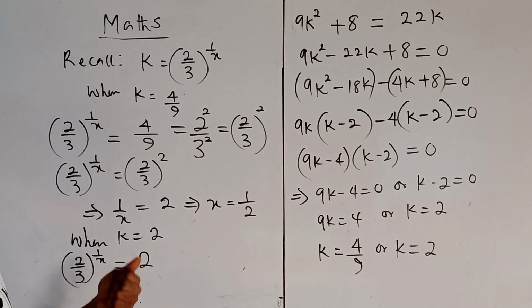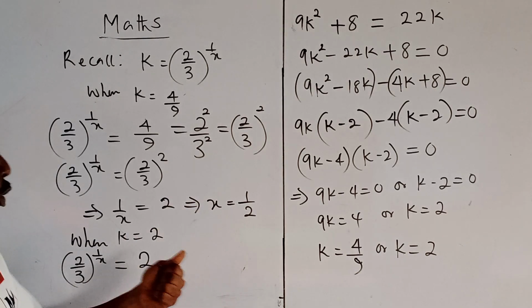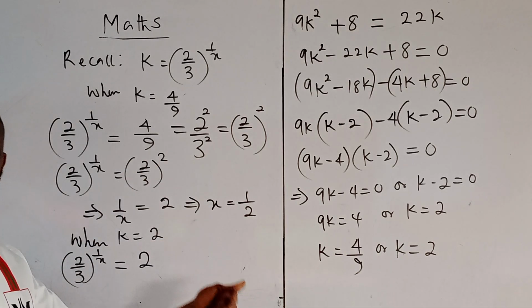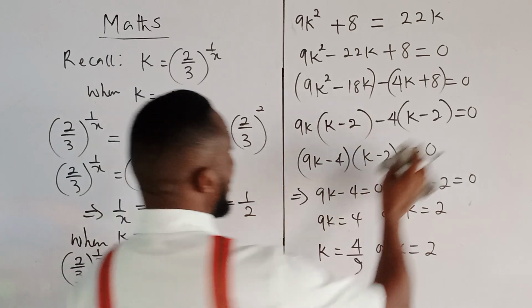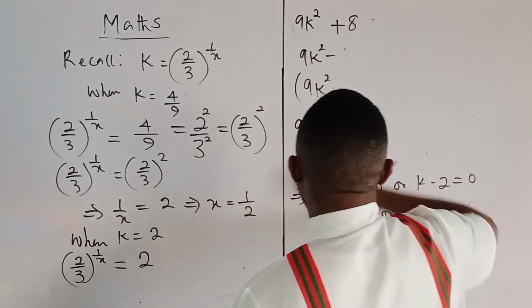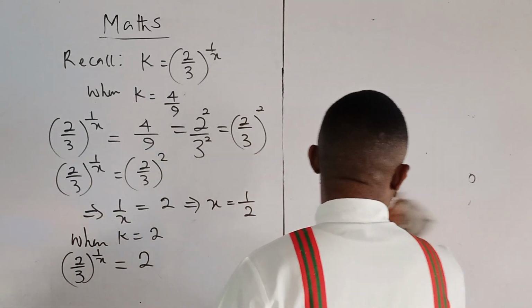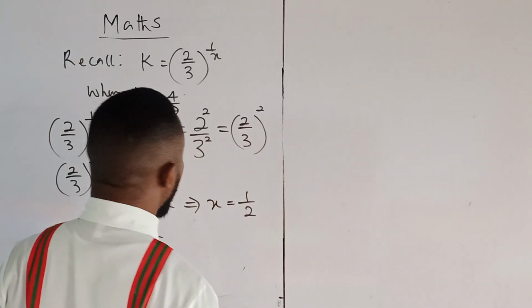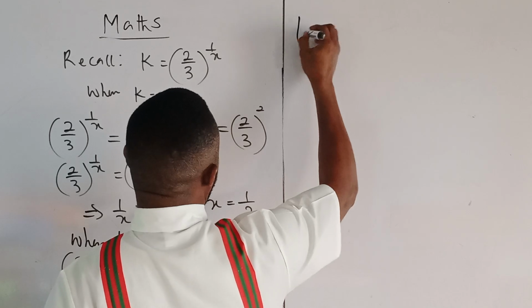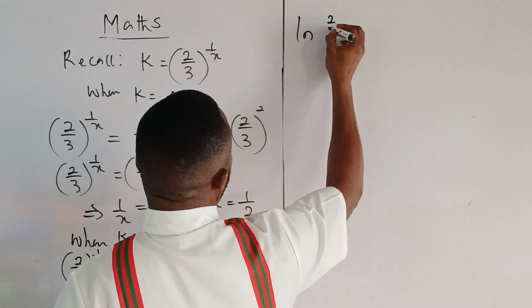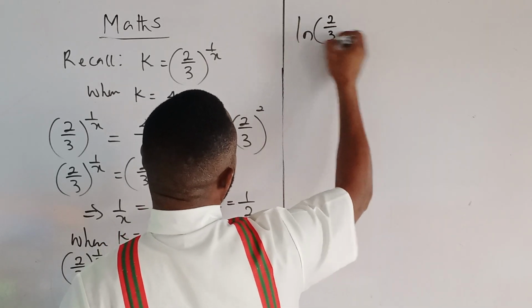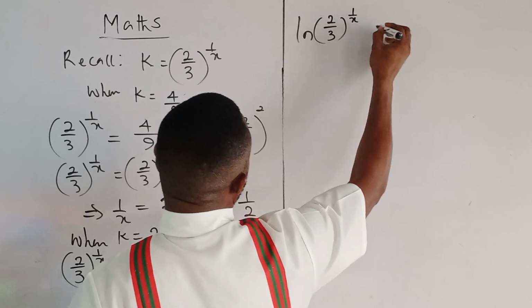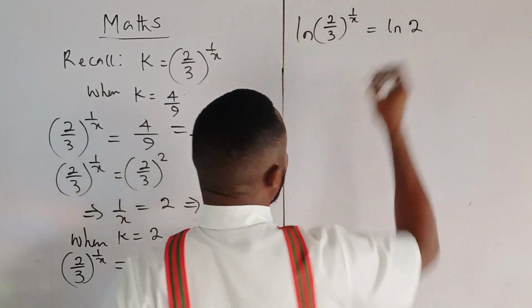Either take the natural log of both sides or the common logarithm. I think I will take the natural logarithm. So I will say ln of (2 upon 3) raised to the 1 on x is equal to ln of 2.